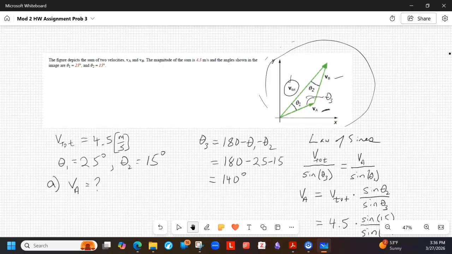If I go back to my trig, what formulas do I have for dealing with a non-right triangle? Law of sines and law of cosines would be the main ones that you would have to deal with. Recognizing that the law of sines will give me information on what's asked for, that's the direction that I went.